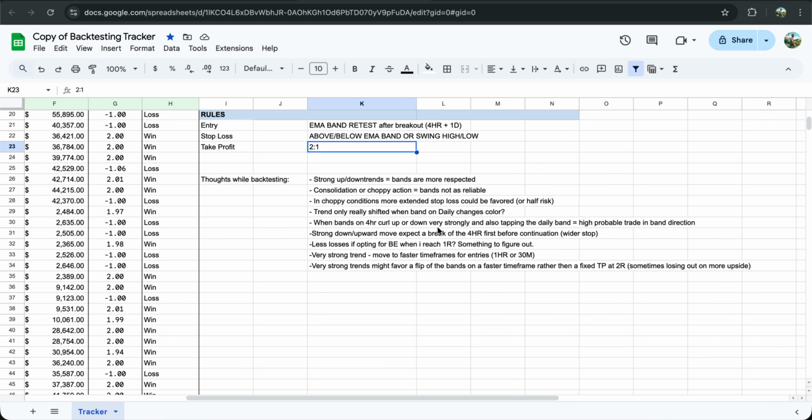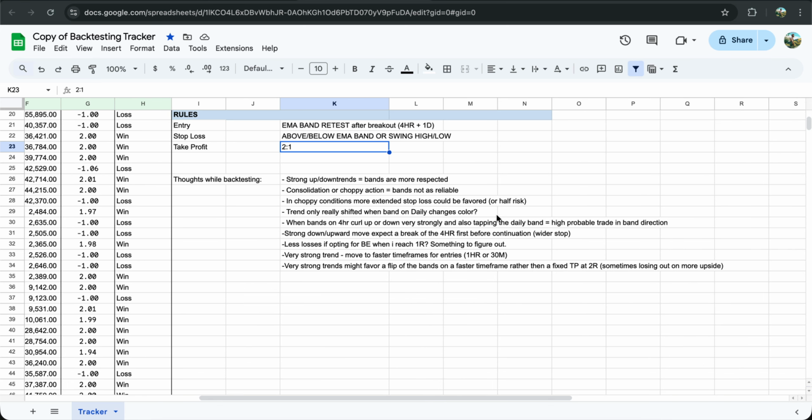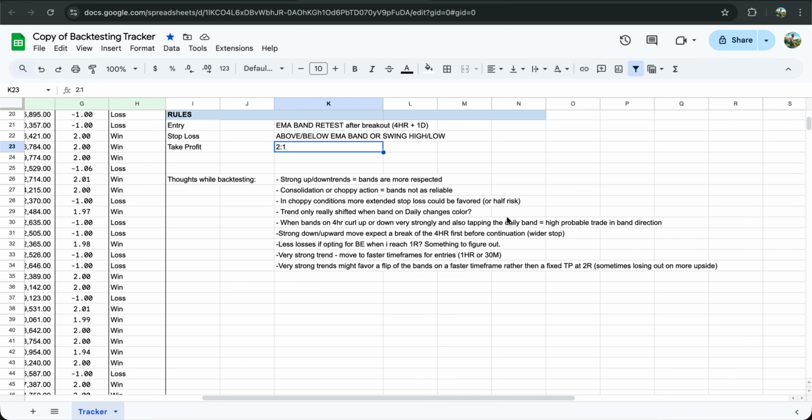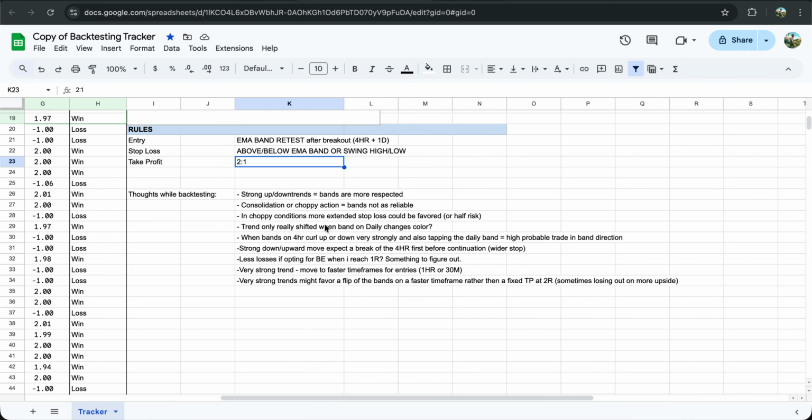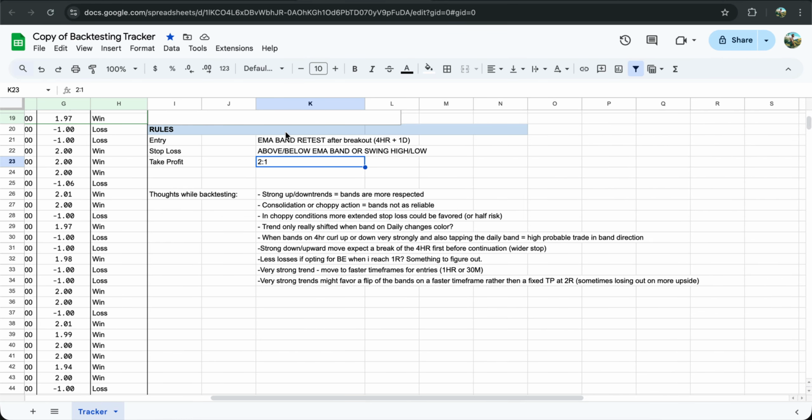And then some things that I put down while doing the backtest. When we have strong uptrends or downtrends, bands are more respected. When it's very strong and it goes for a retest on the 4 hour, it gets respected more than if it's already in a consolidating phase.